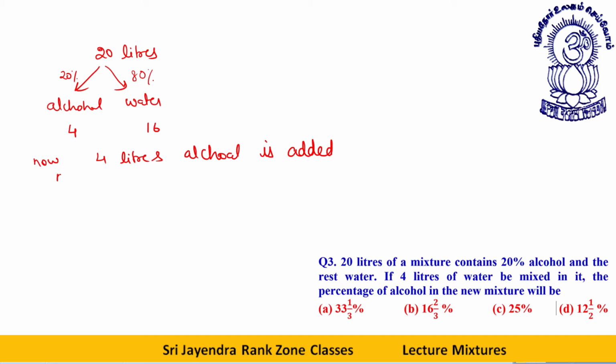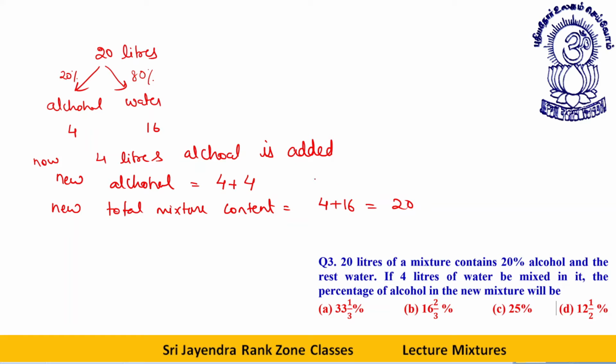Then new alcohol will be 4 plus 4, and new total mixture content will be 4 plus 16, that is 20. New alcohol will be 4 only. Okay, now 4 liters of water is added. I read it wrong, students, initially.